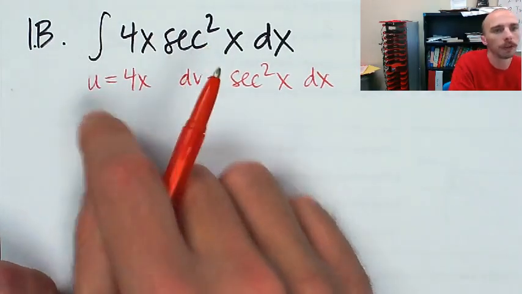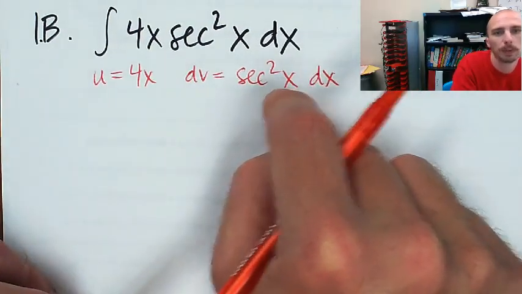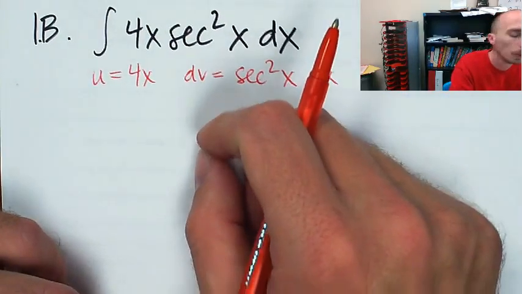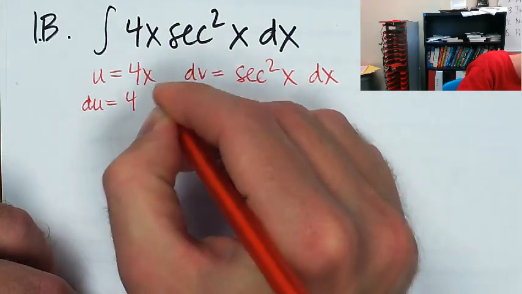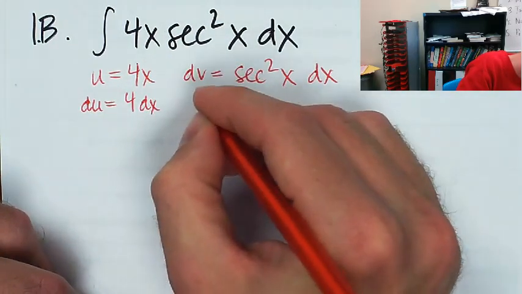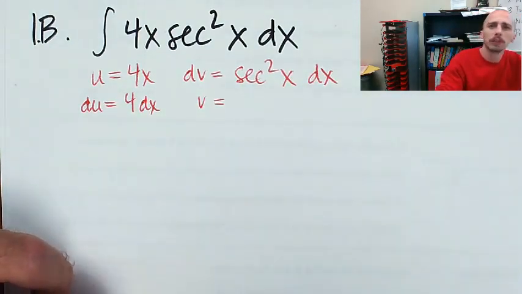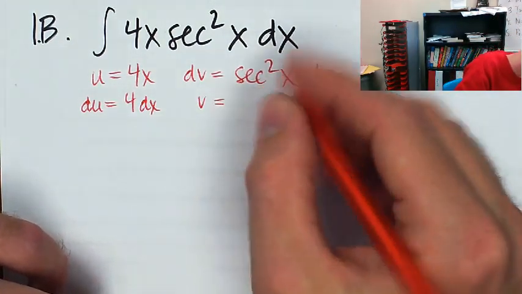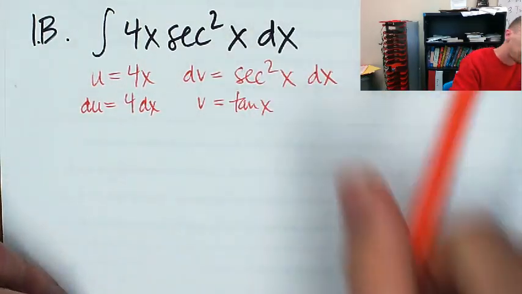Now I'm not going to show myself doing du/dx and then multiplying both sides by dx and copying this down with an antiderivative symbol next to it. We're not going to do that each time. We're just going to take the derivative and multiply it by dx all in one go, and then we're just going to anti-differentiate because we know that's the process we go through each time. And so v is going to be an antiderivative for secant squared x with respect to x. That's tangent x.